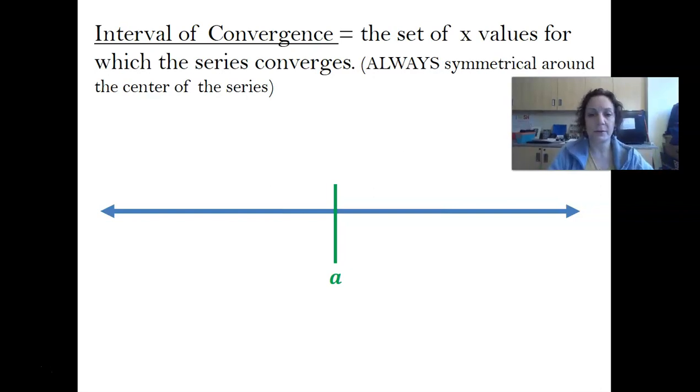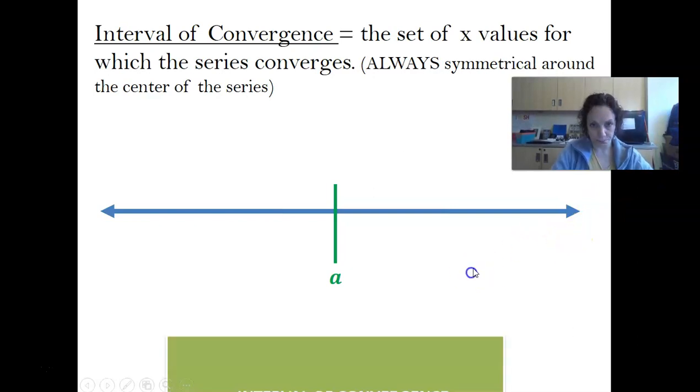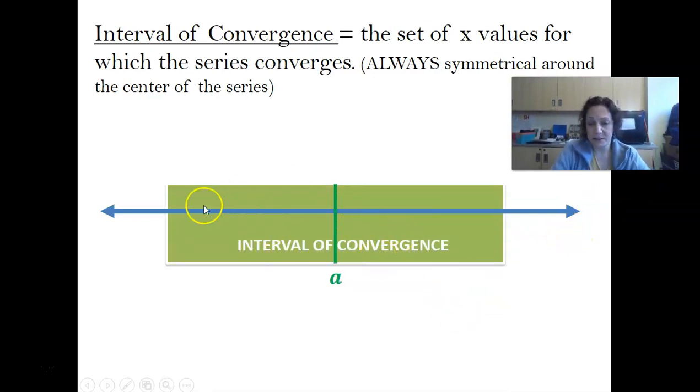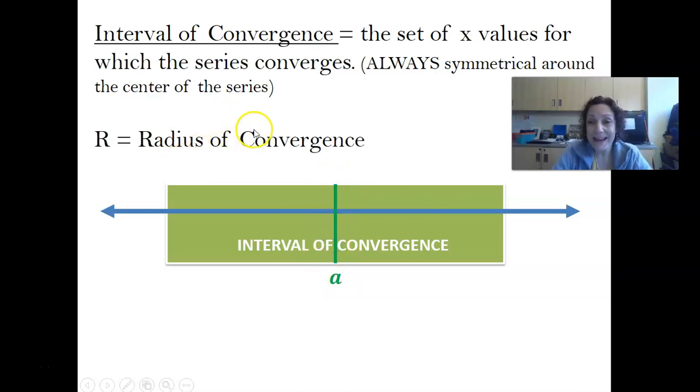Just a little bit of vocabulary before we move on, so we know what we're talking about here. We've got a whole number line, and we've got this one little interval of convergence. Notice A, our center, is the middle of it. The radius of convergence is simply the distance between the center and the end of the interval. The radius of convergence doesn't tell us anything about where the center is.